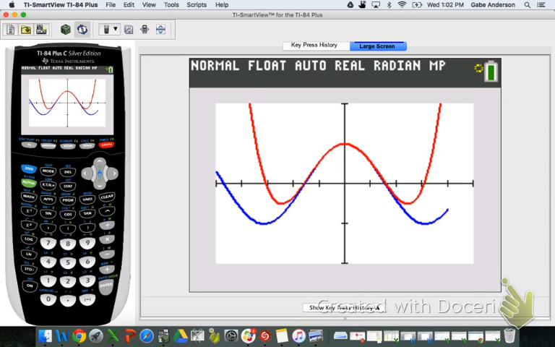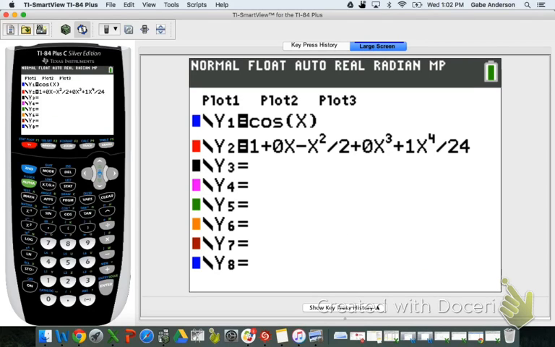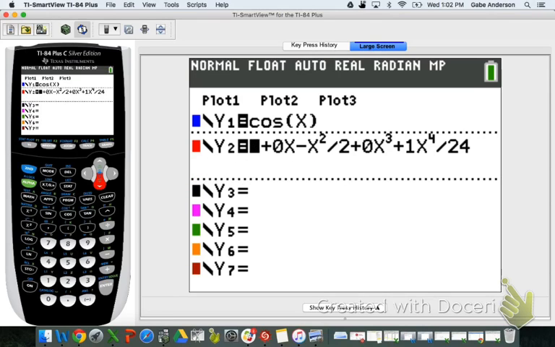Of course, the pattern here, maybe you're starting to see it. If I go back to my y equals, you can see that every odd powered term is 0, and every even powered term is not 0. And so I'm going to add one more term to fit this pattern.